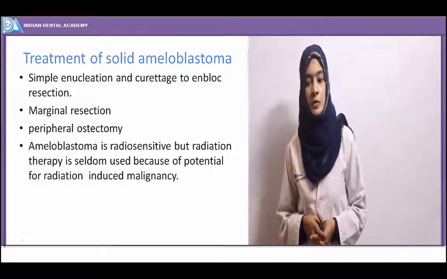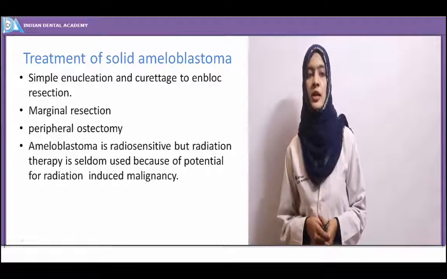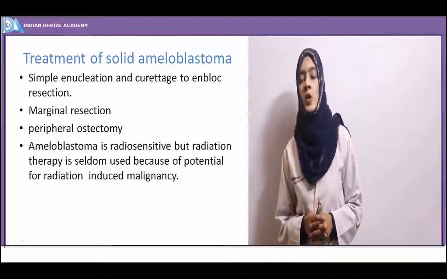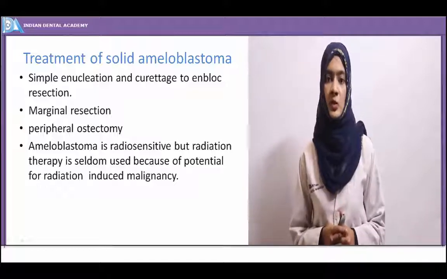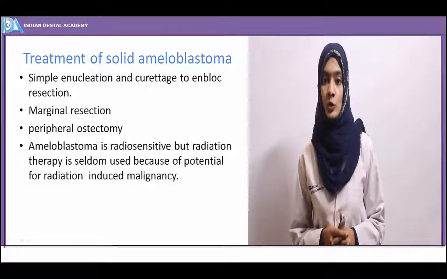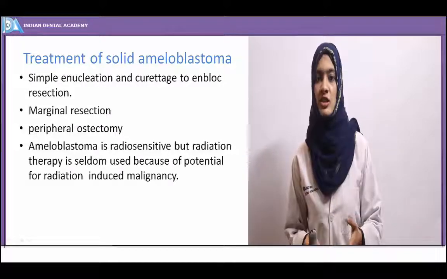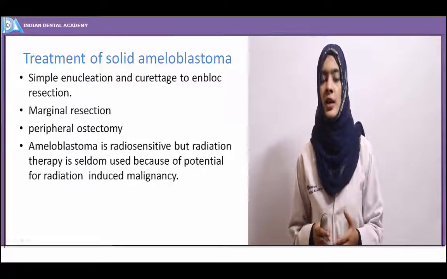And though ameloblastoma is a radiosensitive tumor, radiotherapy is not used as the only form of treatment, because sarcomatous changes were seen when radiotherapy was used alone. So surgery is the conventional mode of treatment for ameloblastoma.